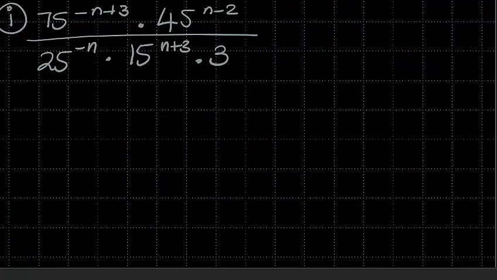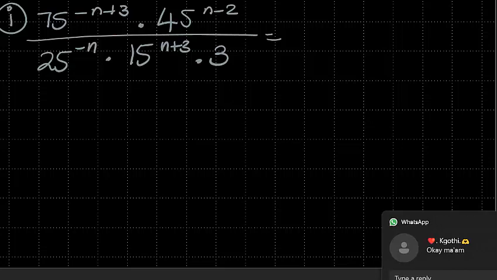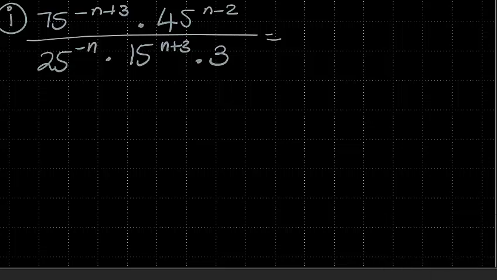All right, question I, we've got 75, 45, 25, 15, and 3. So automatically I'm thinking 5s and 3s. Okay, so let's start with the factors of 75, and that's going to be 3 times 5 squared. 3 times 25, 3 times 5 squared.